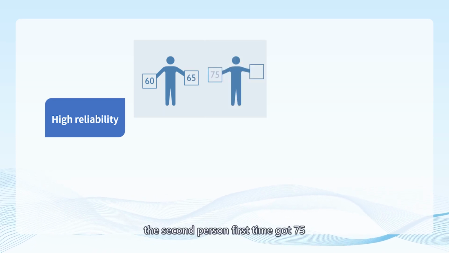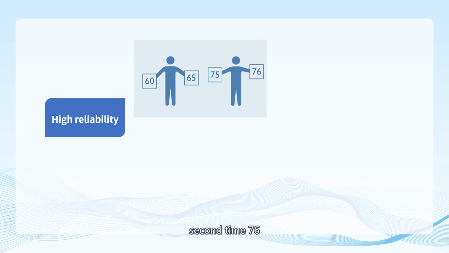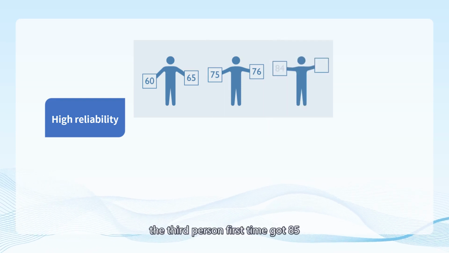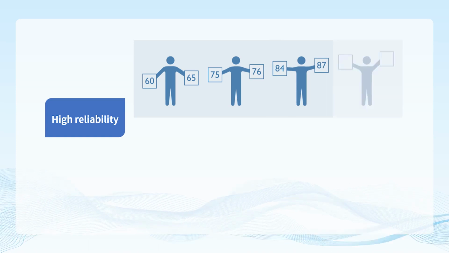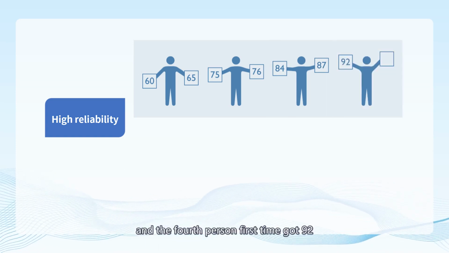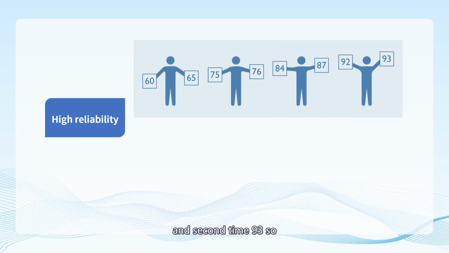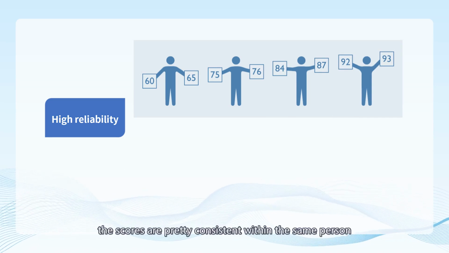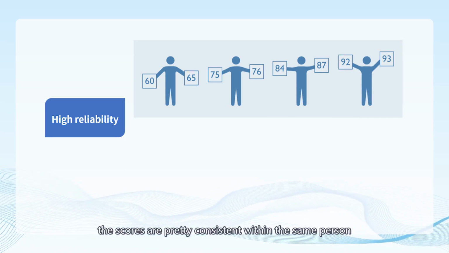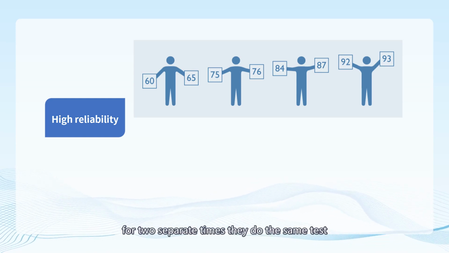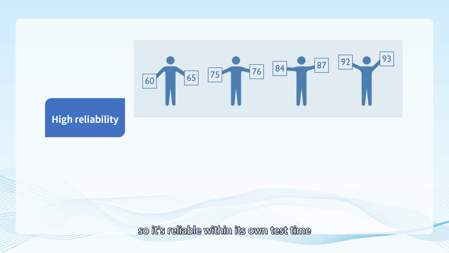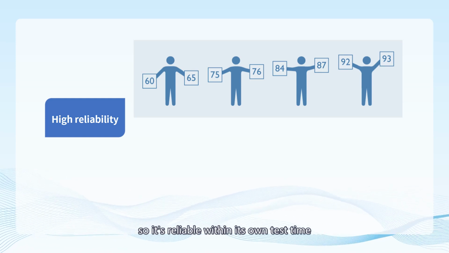The second person, first time got 75, second time 76. The third person, first time got 85, second time 87. And the fourth person, first time got 92, and second time 93. So the scores are pretty consistent within the same person for the two separate times they do the same test. So it's reliable within its own test time.